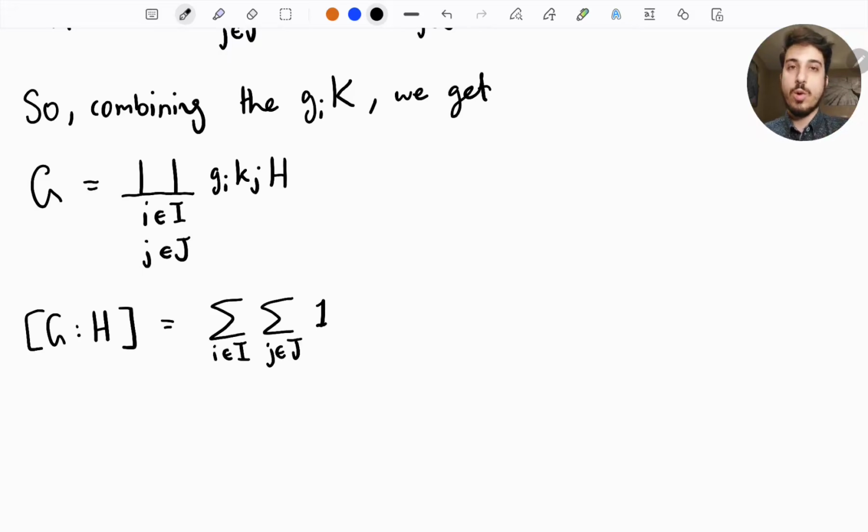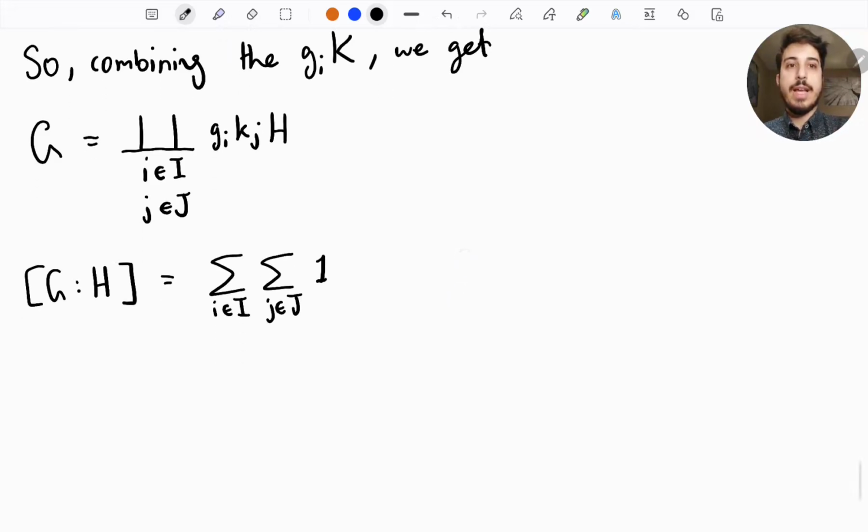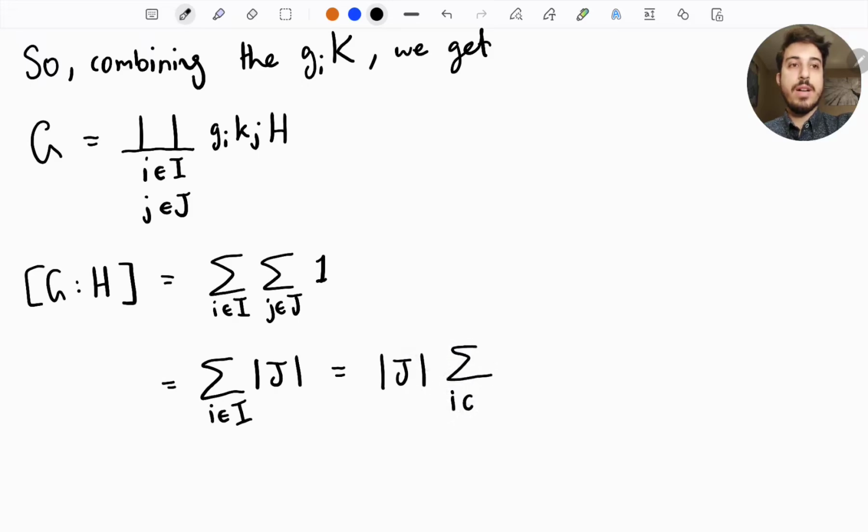So we'll be counting cosets of H. This is equal to the sum as i ranges through I of the cardinality of J, because this one is added for each j in J. This is equal to the cardinality of J times the sum over i in I of 1.